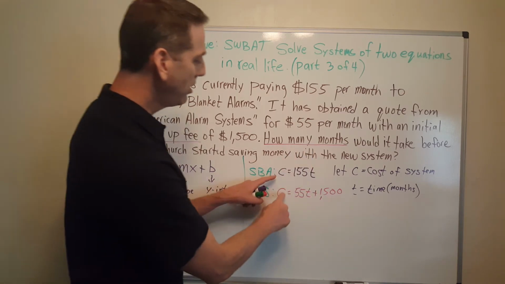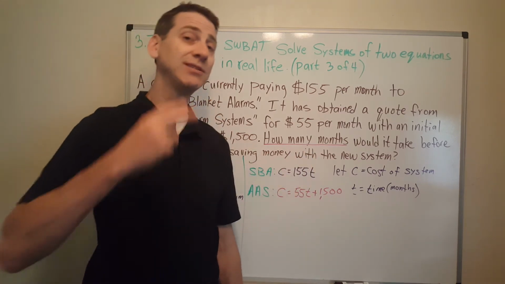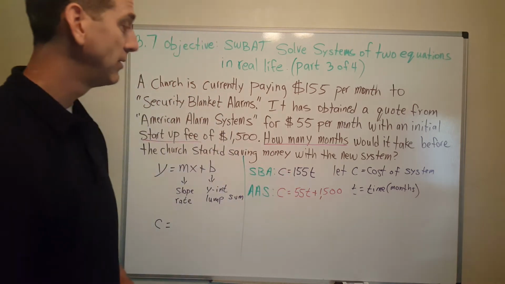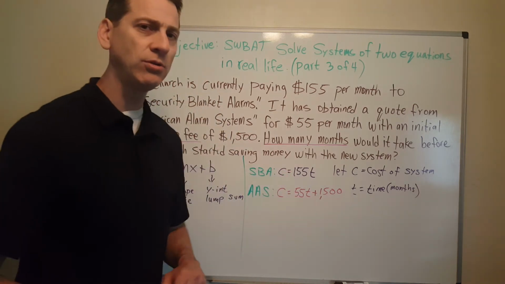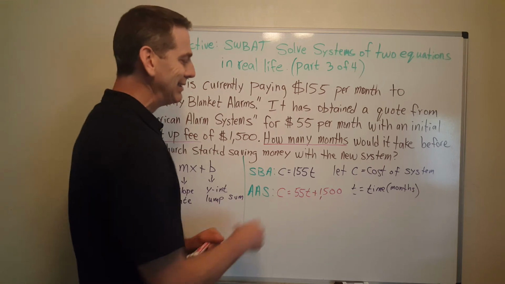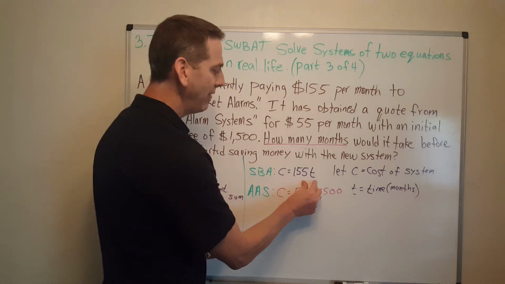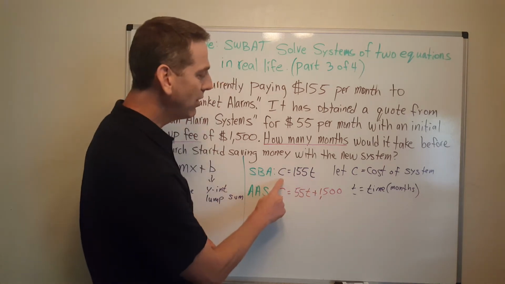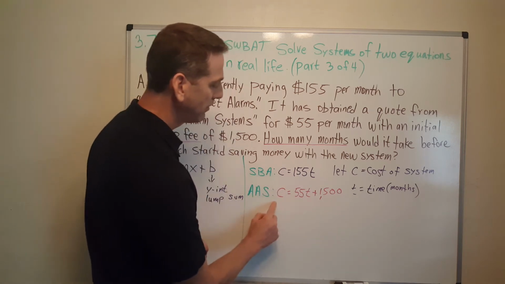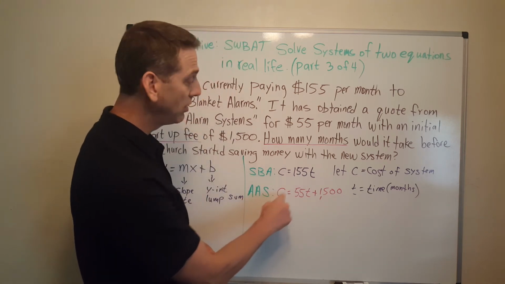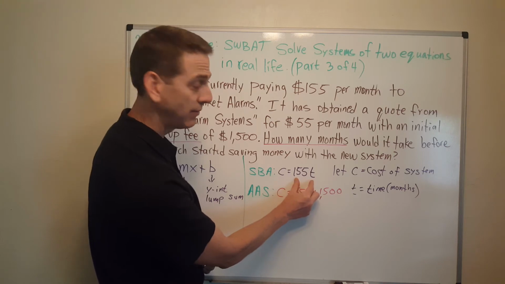And I have two unknowns. So if I have two equations and two unknowns, I can solve this. All right, so if you remember substitution, C equals 155T.